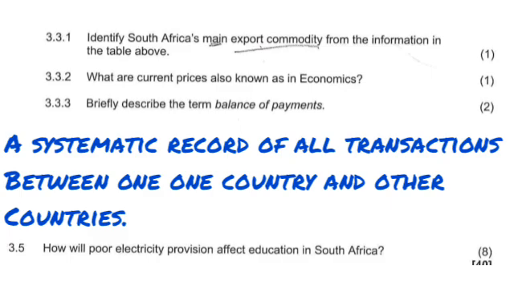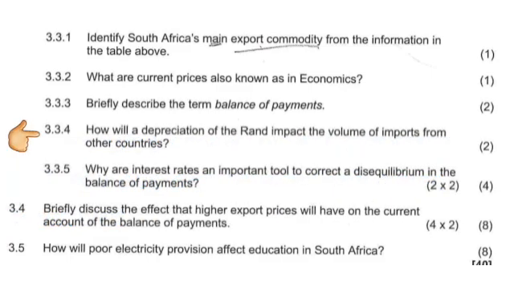In 3.3.4, it says how will a depreciation of the rand impact the volume of imports from other countries? When we are talking about the depreciation of the rand, we are talking about a decrease in the value of the rand. So if the rand value decreases, it's going to cost us more to import goods. Remember, importing is me buying from other countries. To buy from countries that have a higher value in their currencies is going to cost us more.